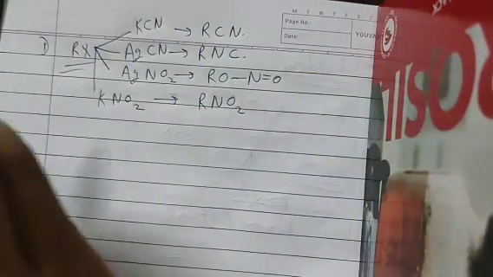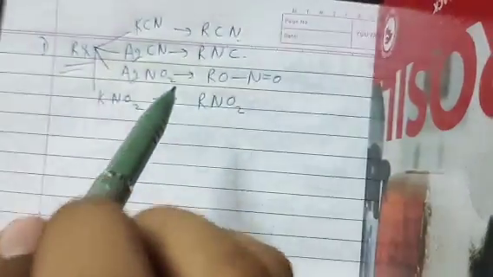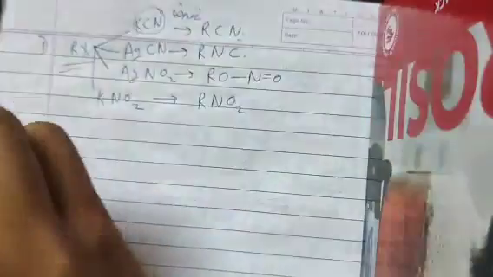Now the main question is why with KCN we are getting alkyl cyanide and why with AgCN we are getting alkyl isocyanide. This is because KCN is an ionic compound, and AgCN is a covalent compound.